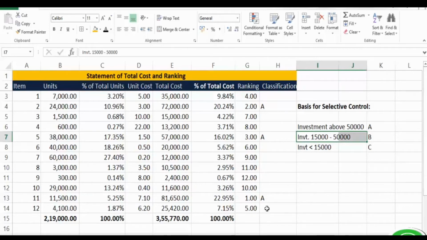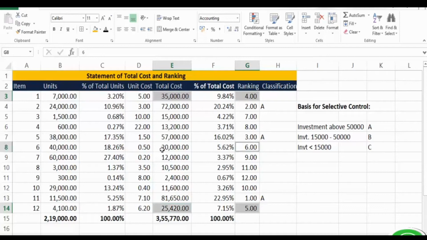So let's go for fourth rank. What's our fourth rank? We have fourth rank investment 35,000, so between 15 and 50. Fifth rank investment 25,420. Then sixth rank investment 20,000. Seventh rank investment is exactly 15,000, and if you notice eighth rank, it is below 15,000.